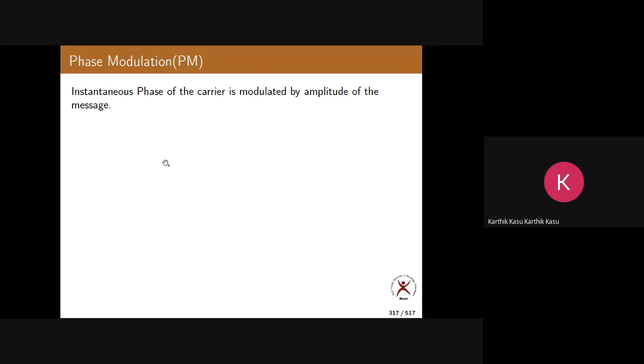As I told you just now, the definition is: the instantaneous phase of the carrier is modulated by the amplitude of the message signal. That is the simple definition of phase modulation. Let us take Ac cos 2 pi fc t as the unmodulated carrier.